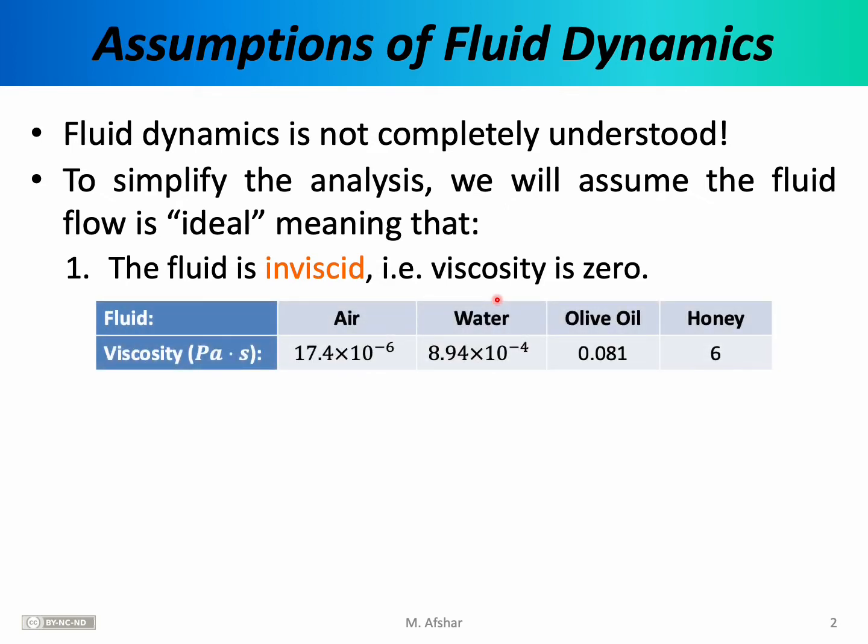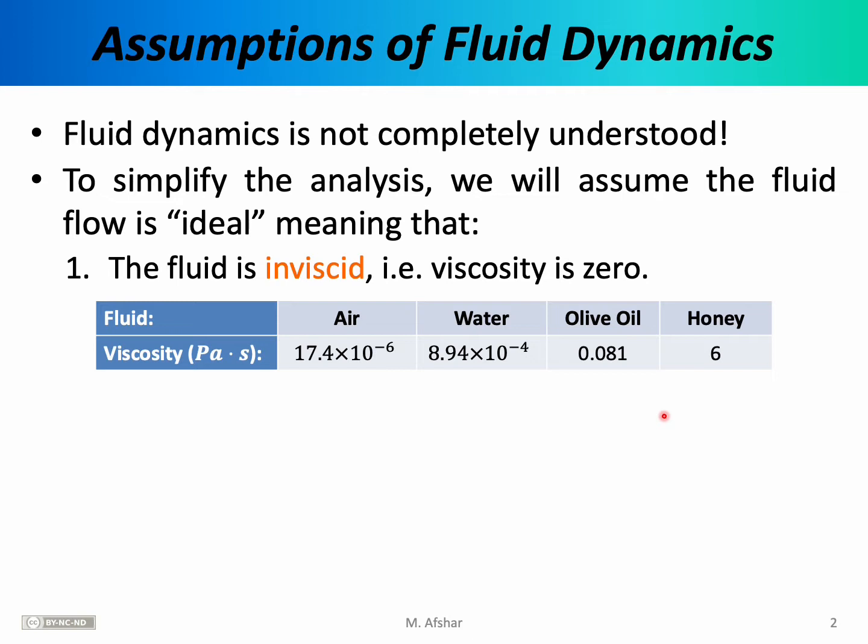Here are some examples of viscosity. Air has a viscosity that is almost zero. Water flows very easily also, and therefore its viscosity is quite low, almost zero. Olive oil is a slightly thicker liquid, so it has a higher viscosity. Honey, on the other hand, is a very thick liquid. It does not flow easily at all.